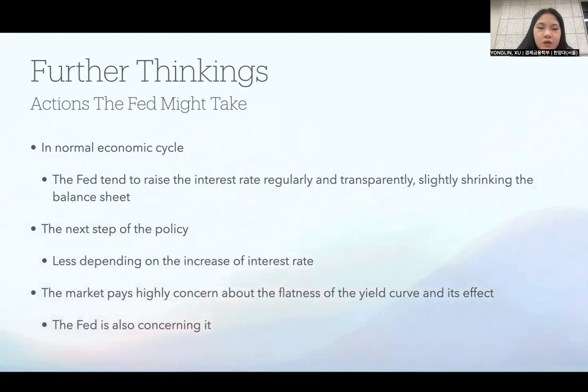And I think the next step of the policy basically is to depend less on increasing the interest rate, to aggressively unwind quantitative easing and reverse the operation twist.